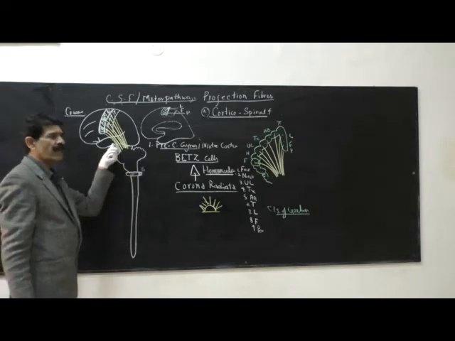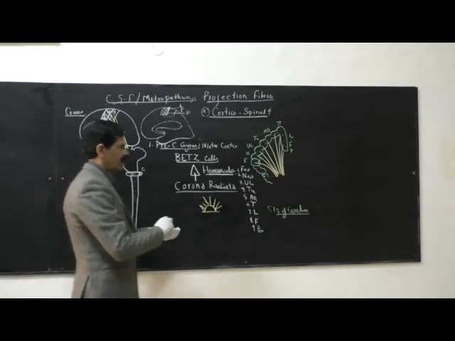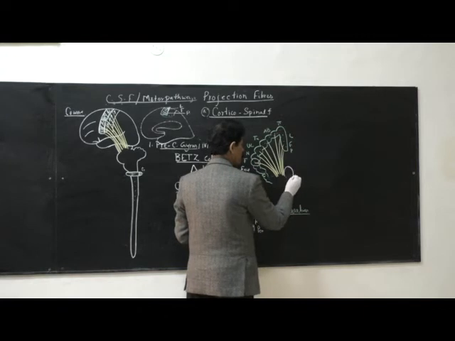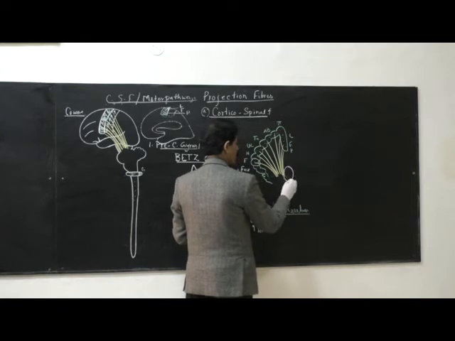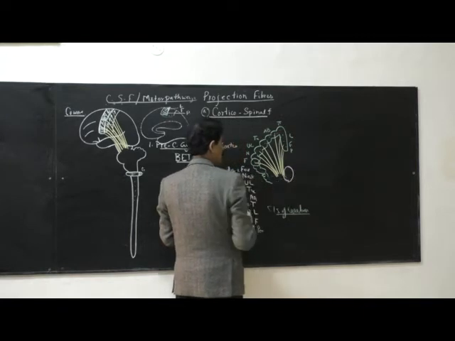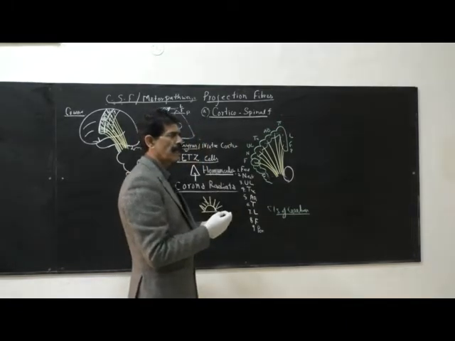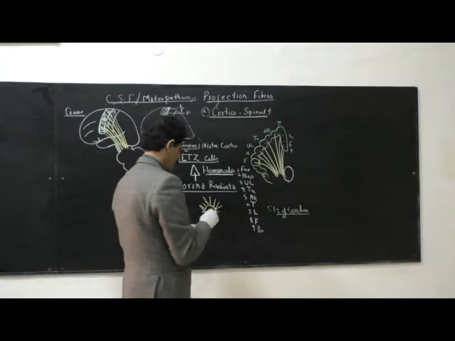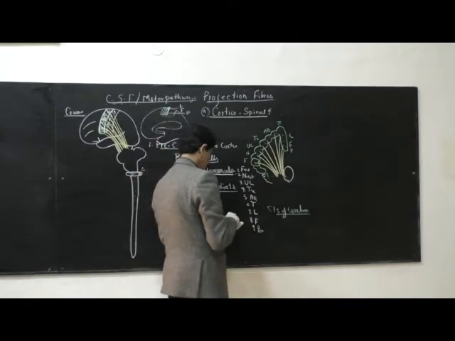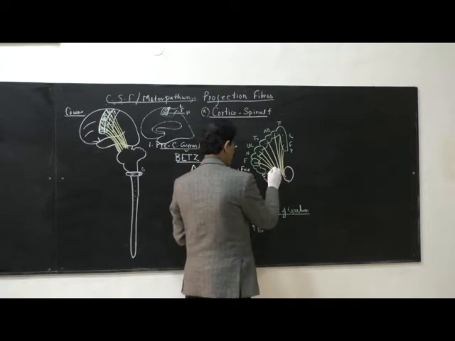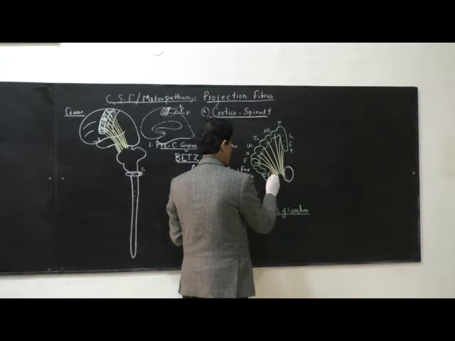But at the level of the thalamus, which lies medially, these fibers are lateral to the thalamus, but very much medial to the caudate nucleus or lentiform nucleus.